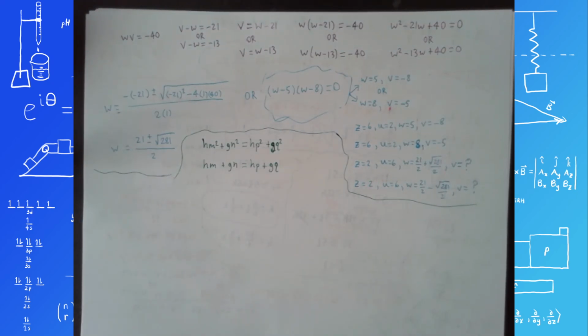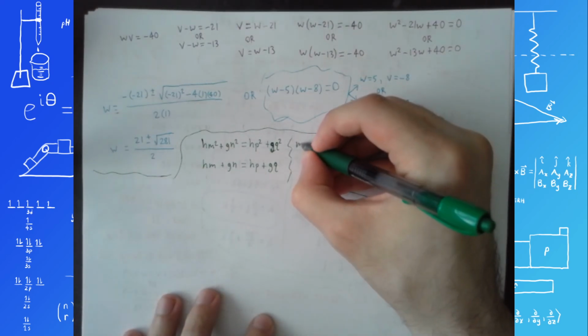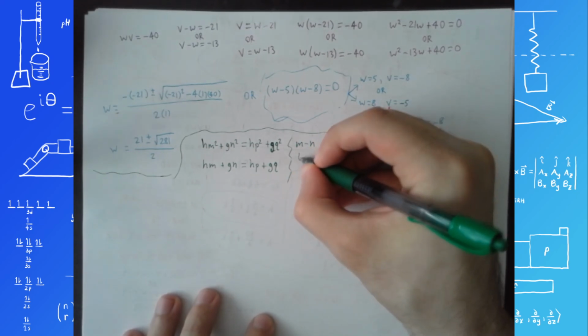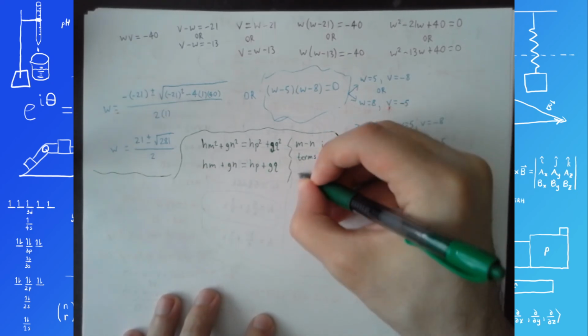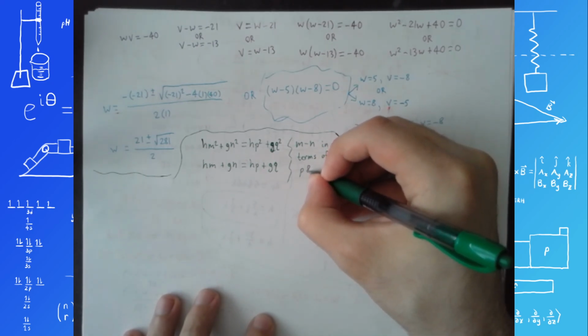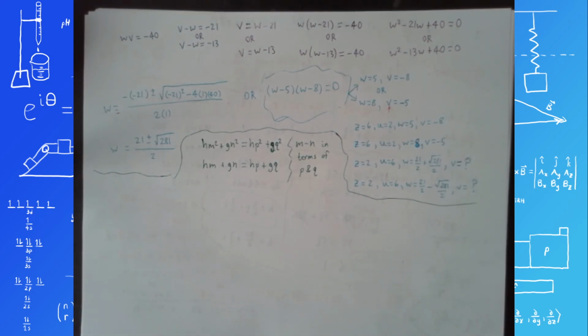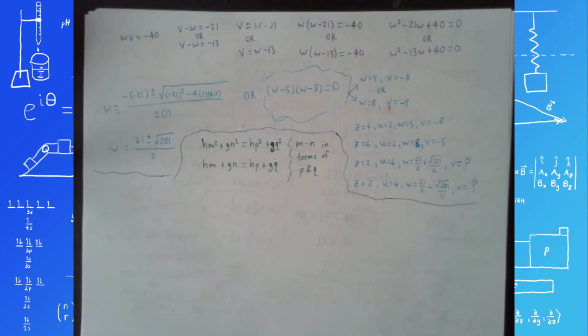And it says solve for m minus n in terms of p and q. In terms of p and q means that the h's and the g's need to disappear somehow.